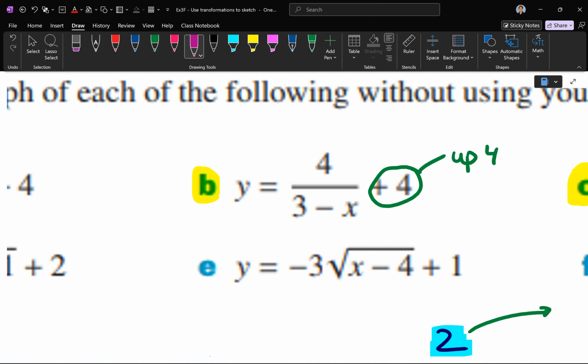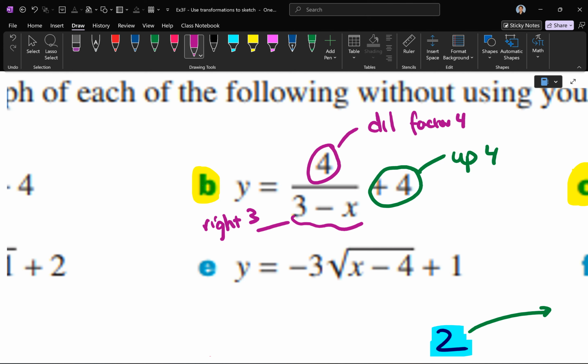It's translated 3 units right. Good. You were right the first time. It was 3 units right. Give me another one, Dante. And one more. Let's go with Mia.